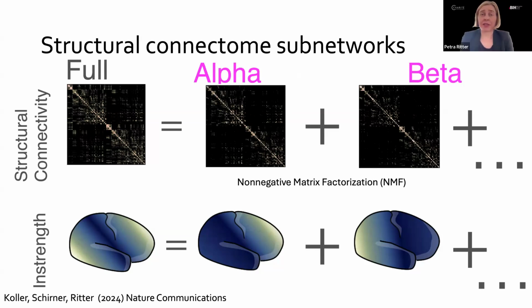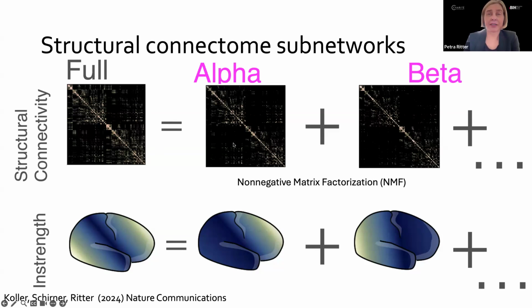So we now created such subnetworks by non-negative matrix factorization. And here you see two examples, the alpha subnetwork and the beta band subnetwork. So we have structural connectome component 1 and 2, and if you add them up, you would get your initial full structural connectome.